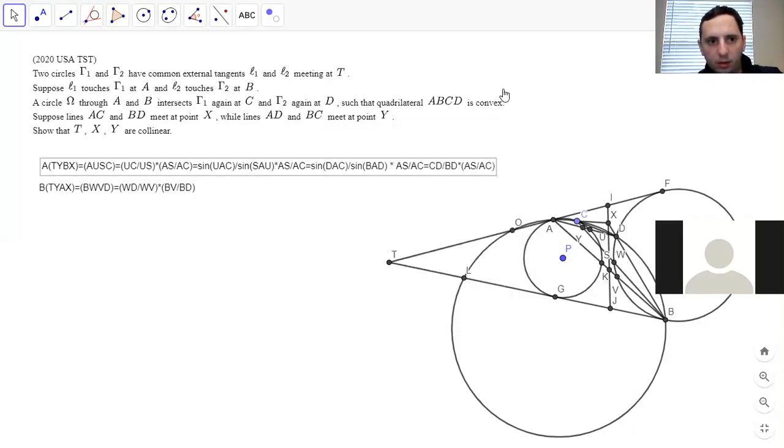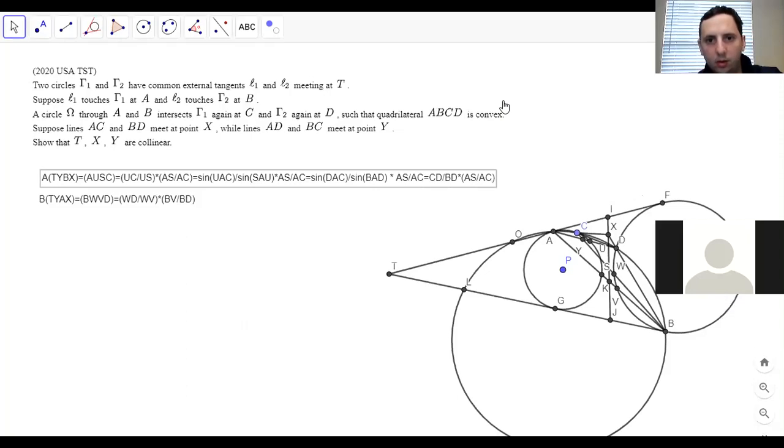And the same with the below one, which will have CD times BV over BD times AC. Yeah, and we need to prove AS is equal to BV.